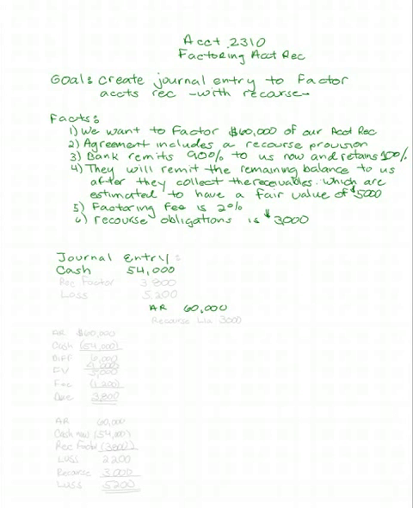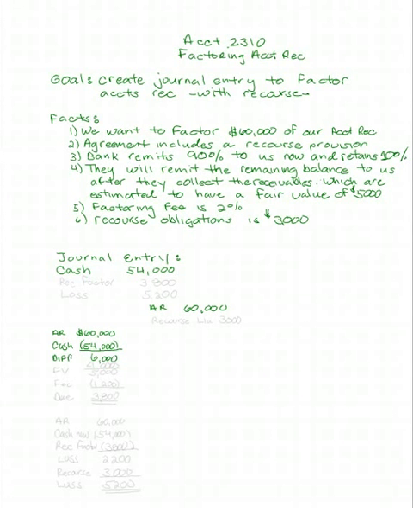The rest of the journal entry requires a little analysis, and I like to start with looking at the difference. We had accounts receivable in the amount of $60,000, and we were able to receive cash of $54,000 for those accounts receivable. So the difference that we're looking at is $6,000.